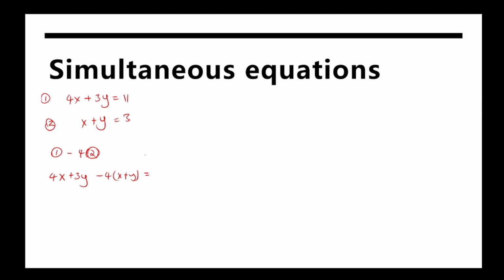And remember, because the equations are subtracted, the numbers on the other side of the equal sign are also subtracted, which is 11 minus 4 times 3.